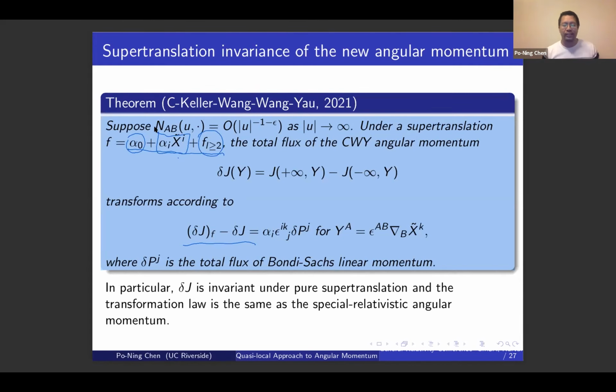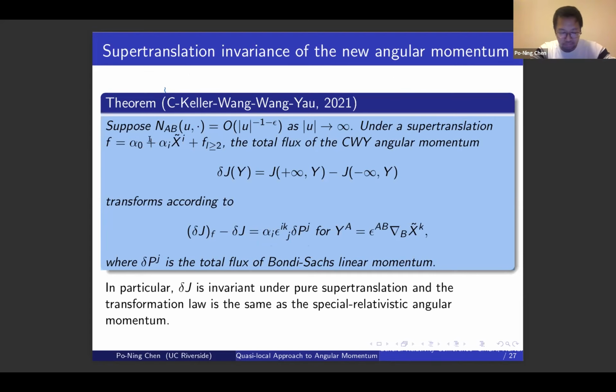So the change in delta J is precisely alpha cross this delta p. So in other words, delta J is invariant under pure supertranslation, and the transformation rule is the same as the special relativistic angular momentum.